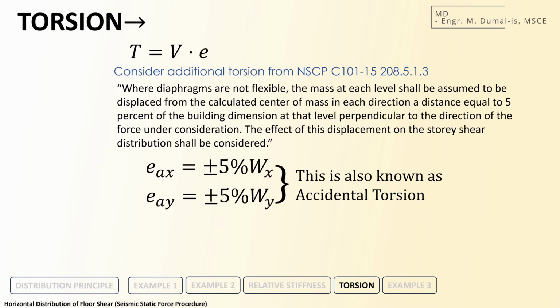The effect of this displacement on the story shear distribution shall be considered. This can be interpreted as E equals plus or minus 5% of the width of the structure perpendicular to the shear in consideration. The value obtained is also known as the accidental eccentricity.